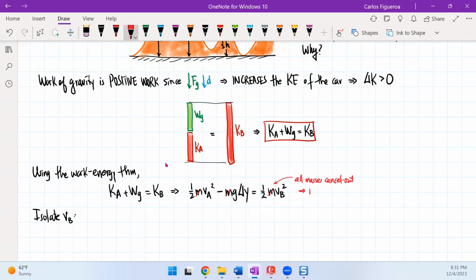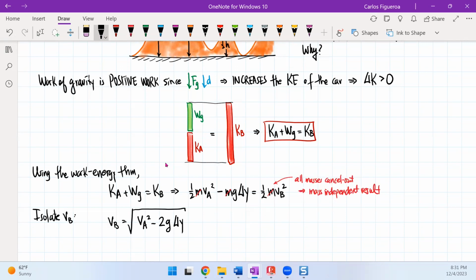So this is a mass independent result. If I solve for VB, note that VB is a squared quantity, so I'm going to need a square root. And if I multiply both sides by 2, I'm going to get VA squared minus 2g delta Y.